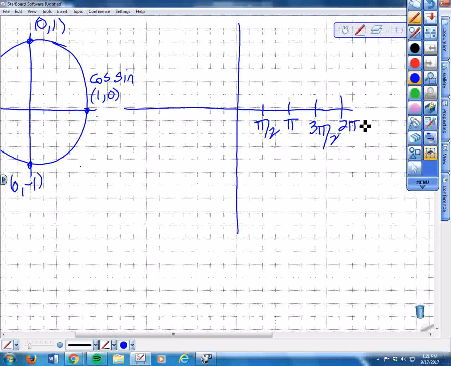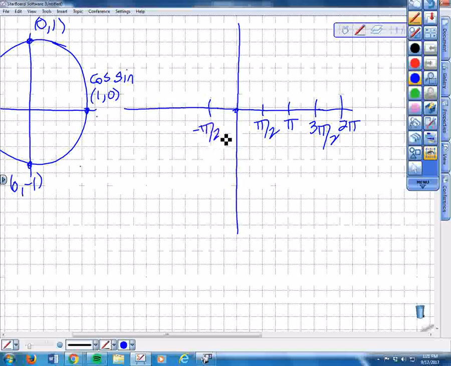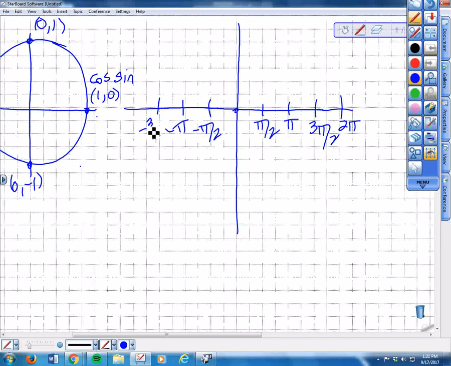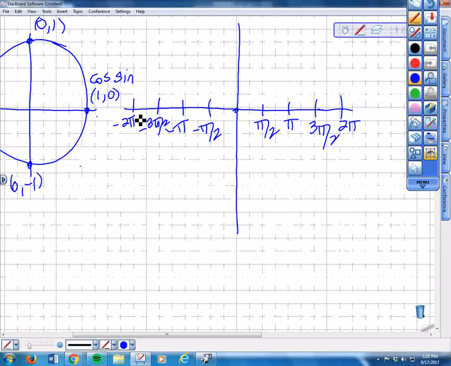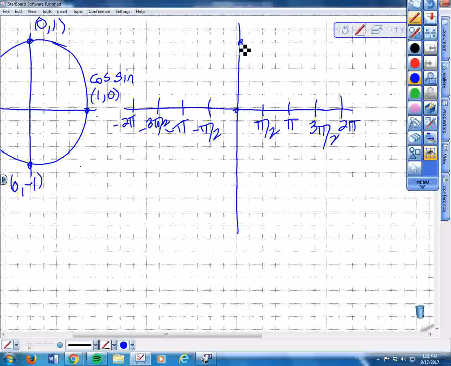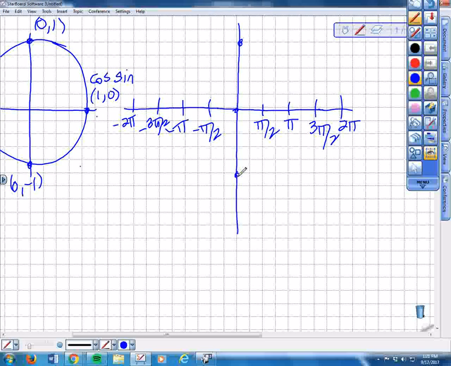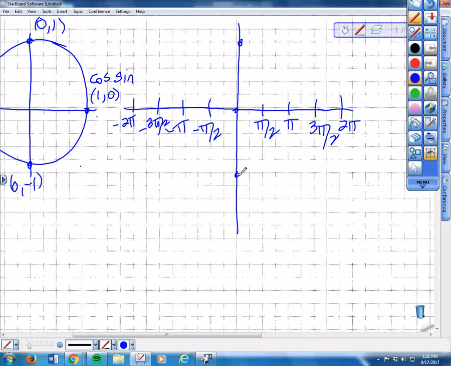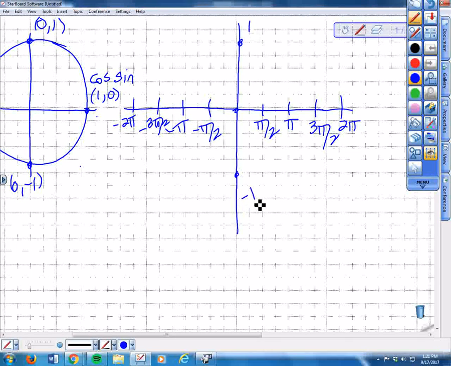And then I have negative pi over 2, negative pi, negative 3 pi over 2, and negative 2 pi. The highest this graph is ever going to get is 1, and this is negative 1.